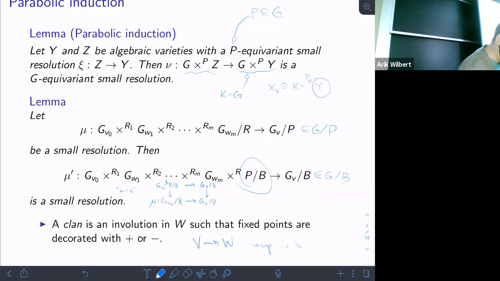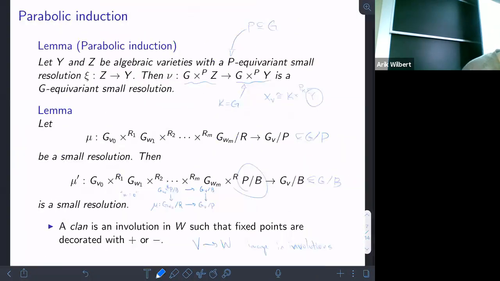So one invariant of a K orbit on G mod B is an involution in the Weyl group. That's part of the clan. If you think of the Weyl group as the normalizer of the torus mod the torus, you have to keep track of the extra part from the torus to keep track of the plus or minuses. Okay, so this is a common way of parameterizing K orbits on G mod B.